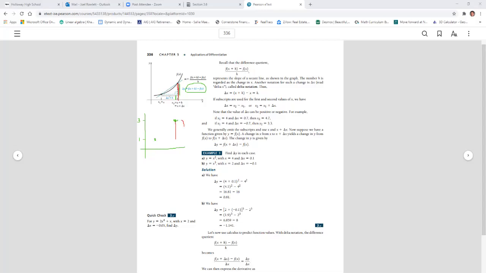Well, wouldn't it be 3, which is the entire length from the x-axis to the 3? But then you would have to subtract this length here. In other words, it would be f of x plus h minus f of x. That would be the difference. And then you would have to divide by this displacement here. And that would give you the slope of the line that goes between these 2 points.